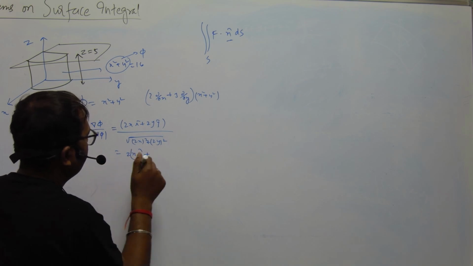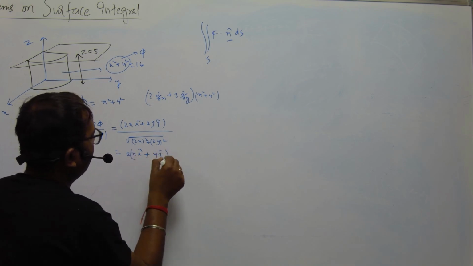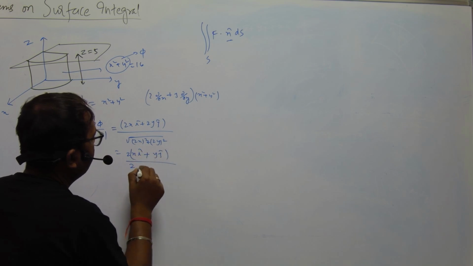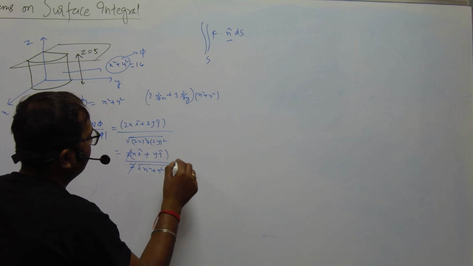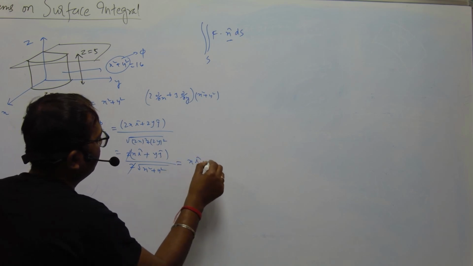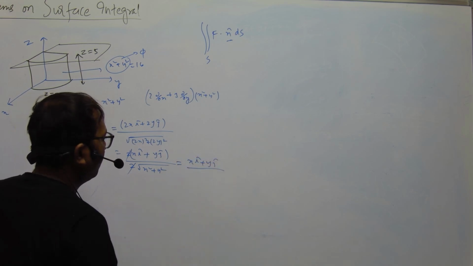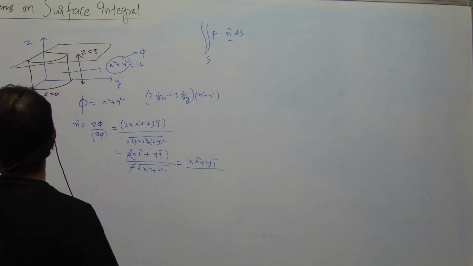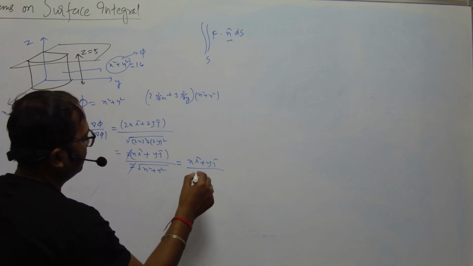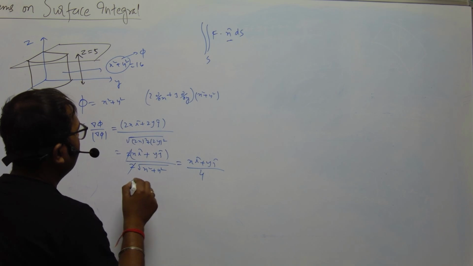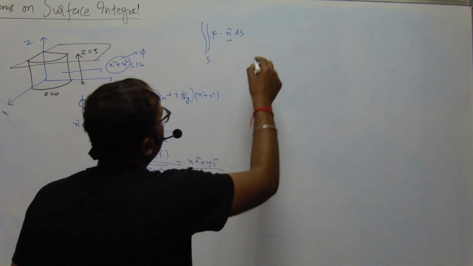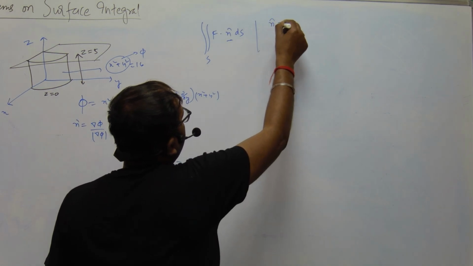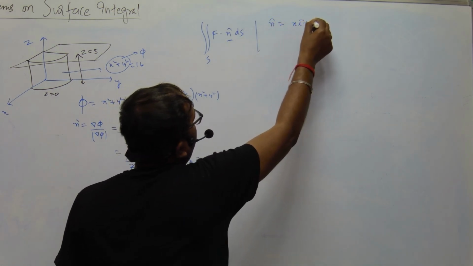Let us take 2 outside: x i cap plus y j cap upon the square root of x square plus y square, so the 2 cancels. This is equal to x i cap plus y j cap upon 4, since x square plus y square is equal to 16. So this is the value of n cap: x i cap plus y j cap upon 4.